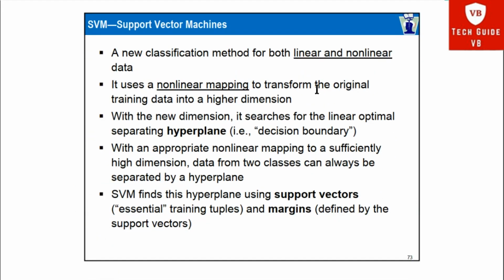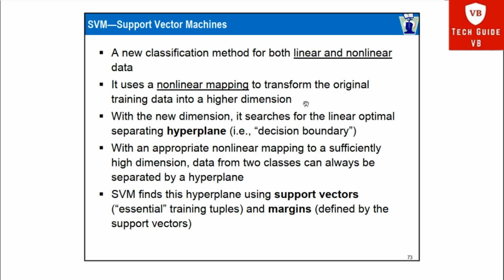Okay, what is support vector machines or SVM? A new classification method for both linear and non-linear data. It can be applied to both kinds of data, linear as well as non-linear. It uses a non-linear mapping to transform the original training data into a higher dimension.